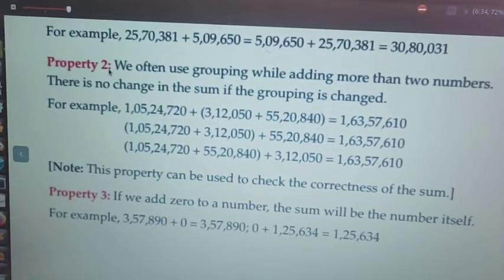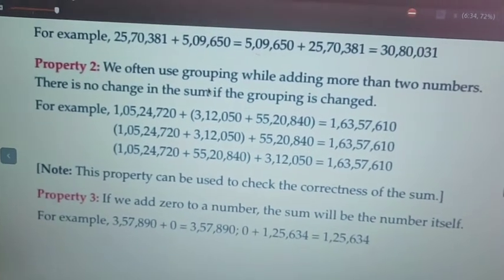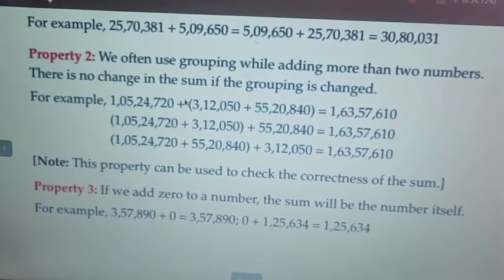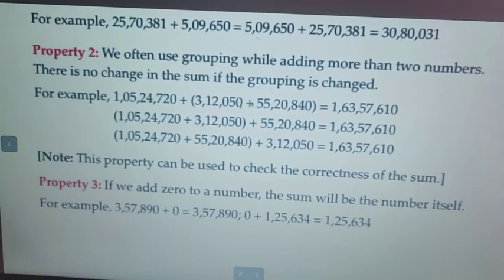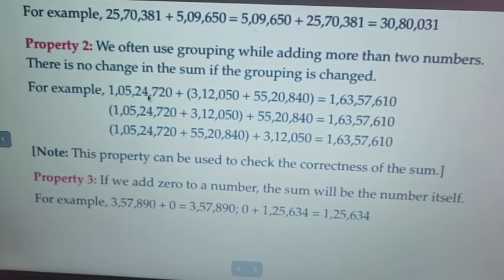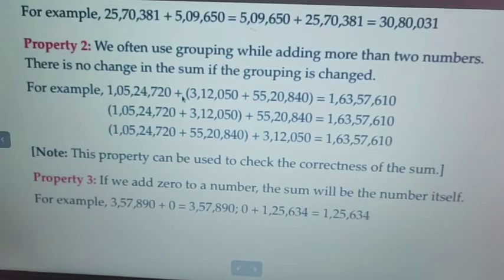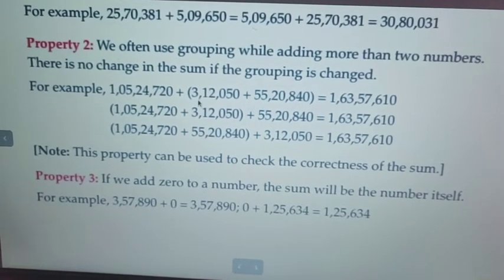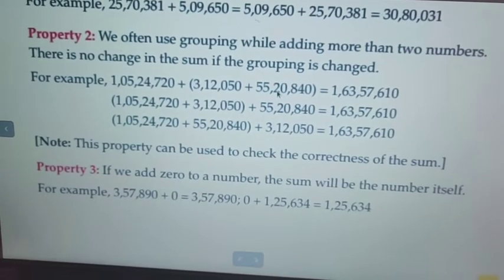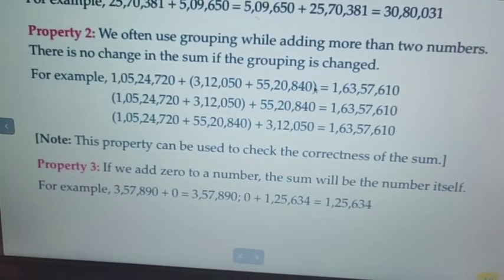Next, property number 2. We often use grouping while adding more than two numbers. There is no change in the sum if the grouping is changed. For example, 1,05,24,720 plus 3,12,050 plus 55,20,840.